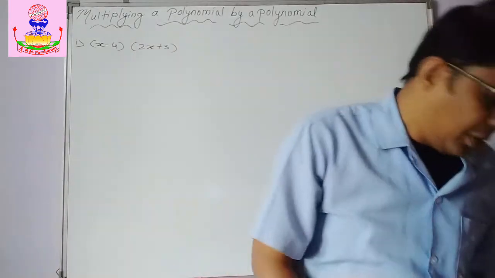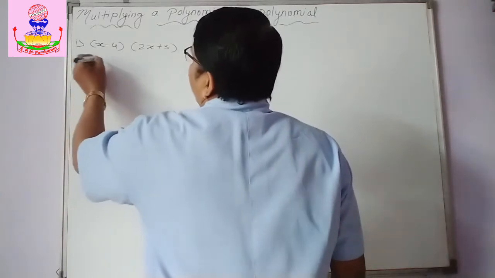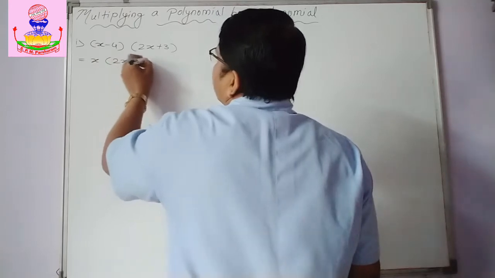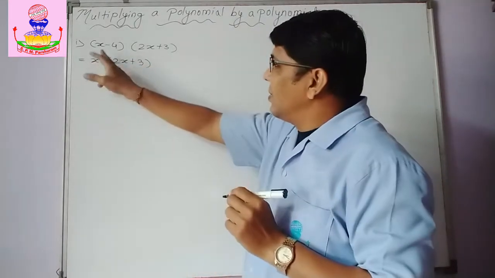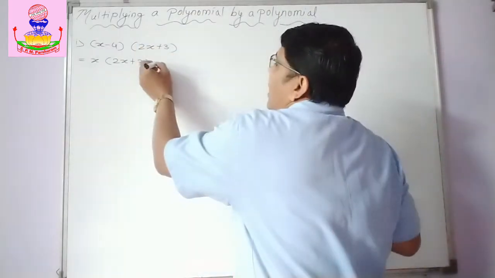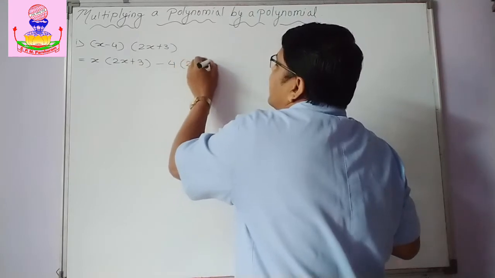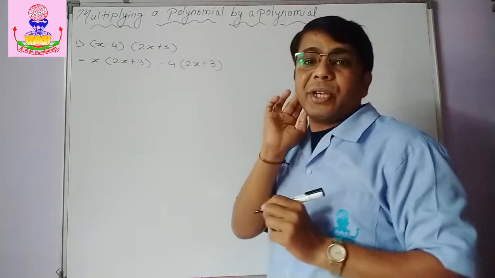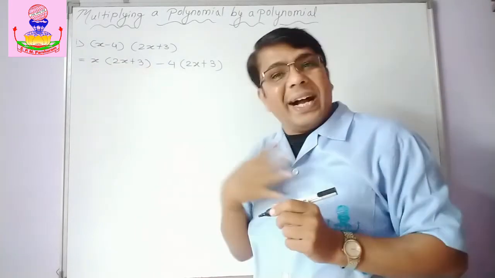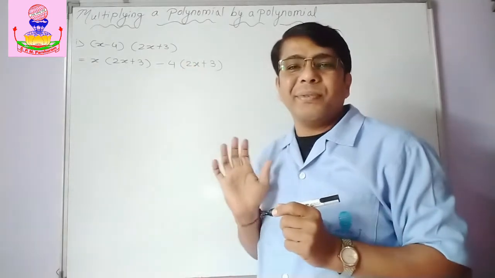Okay, so x into (2x plus 3). So now what I have done, x multiplied by this whole bracket, minus 4 into (2x plus 3). Okay, now see, this is monomial and binomial. Now I have studied that multiplying the monomial by a binomial, we know that.